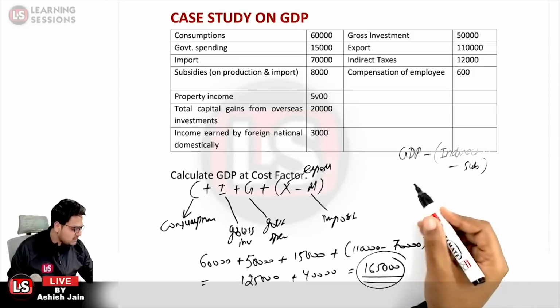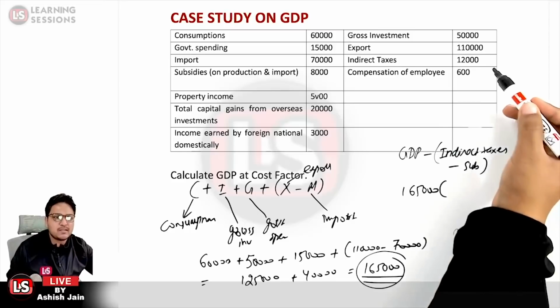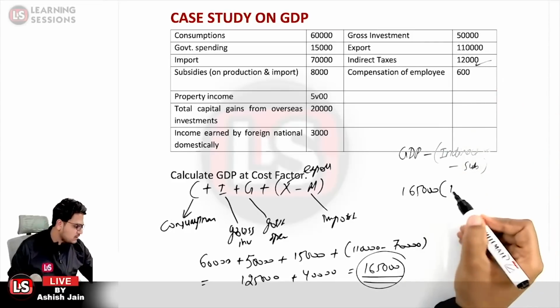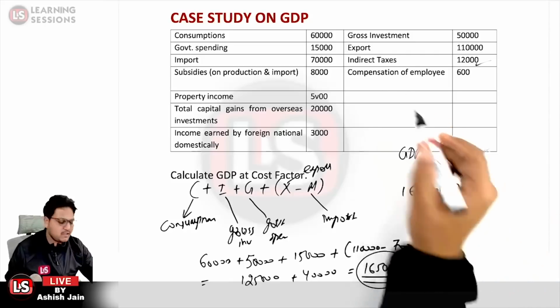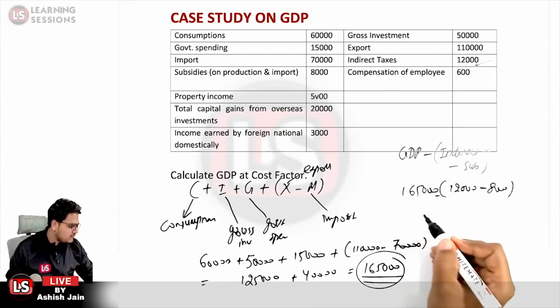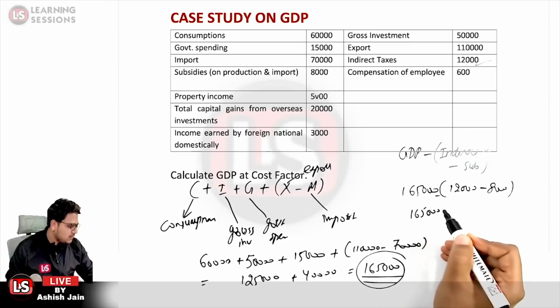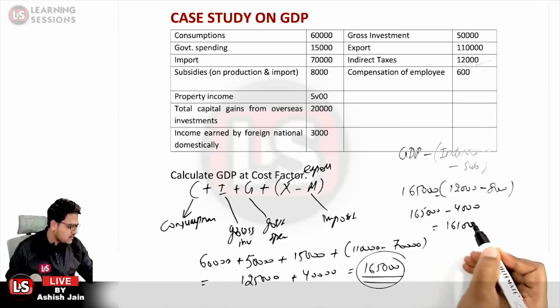So that will be equal to 1,65,000, and the indirect taxes figure is given to be 12,000. So we need to subtract 12,000 minus the subsidies, which are given to be 8,000 over here. So it will be 1,65,000 minus 4,000, that will be equal to 1,61,000, and that is our answer.